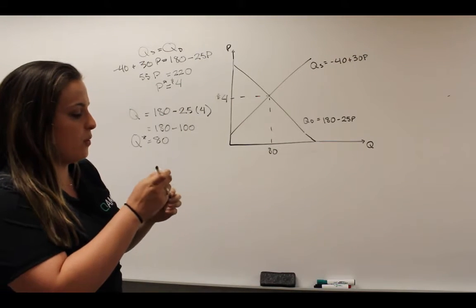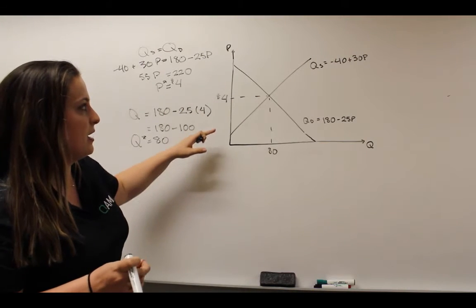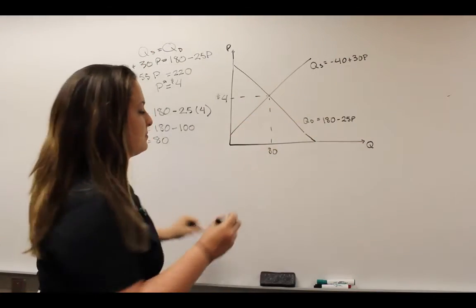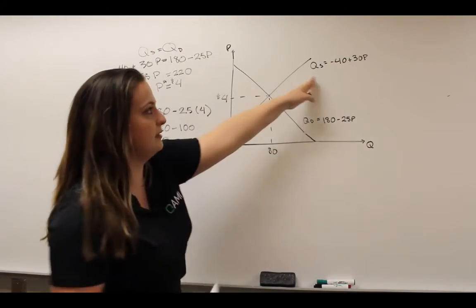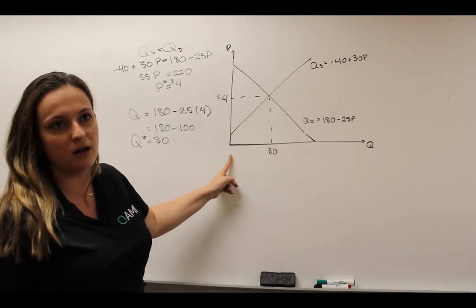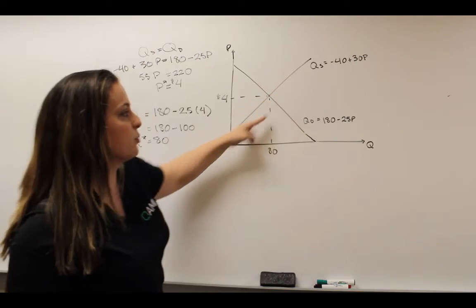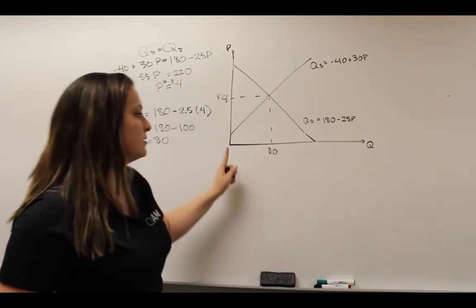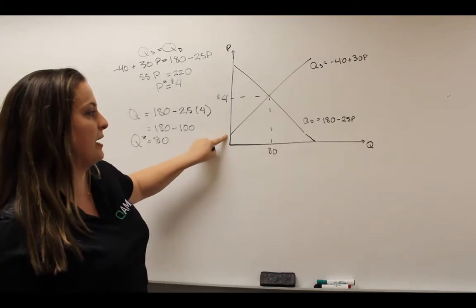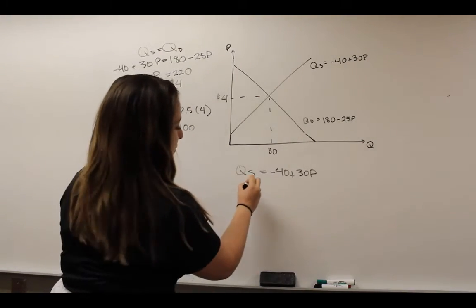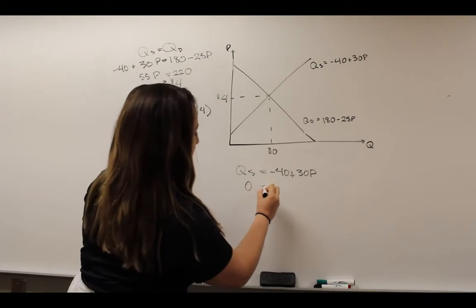So the way that we would find the price intersection for quantity supplied is to set quantity equal to 0, because on this price axis, quantity equals 0. This is our supply line, so we're going to use this equation to find where quantity equals 0, and that will give us our price intercept. So now I'm going to set quantity supplied equal to 0.